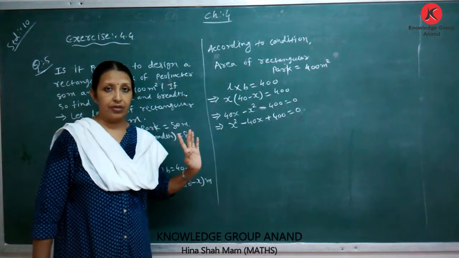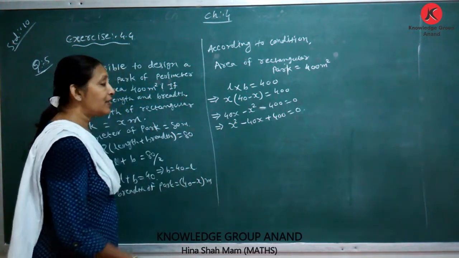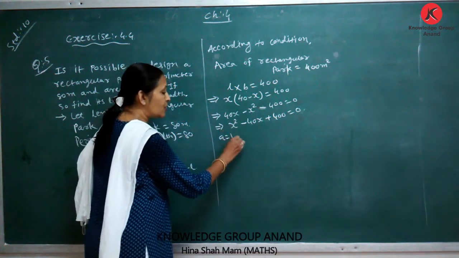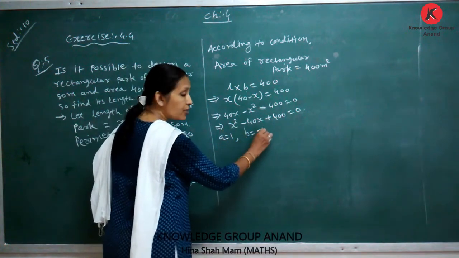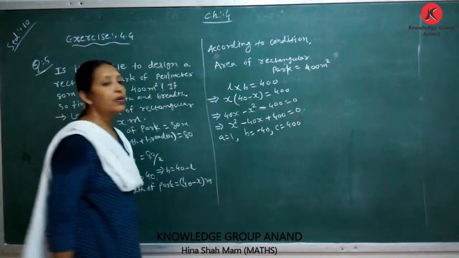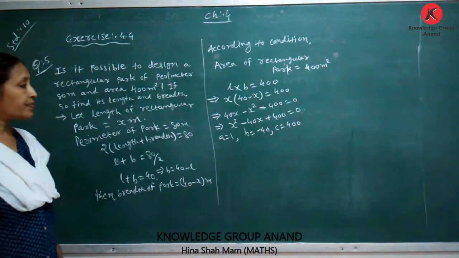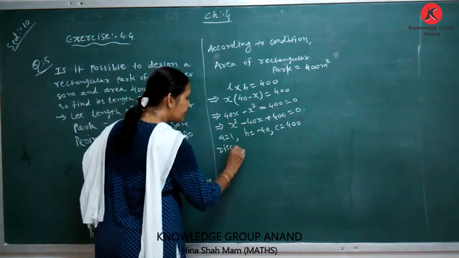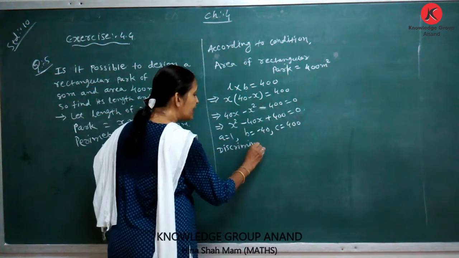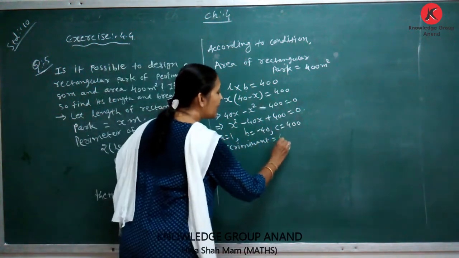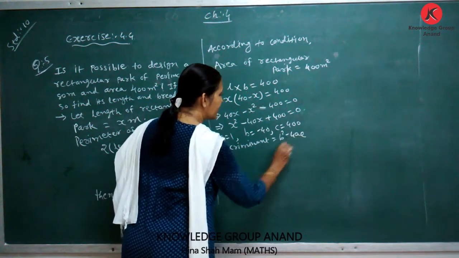We find discriminant. Here, find discriminant. We have a is equals to 1, b is equals to minus 40, and c is equals to 400. Now discriminant. What is formula of discriminant? b square minus 4ac. Good.